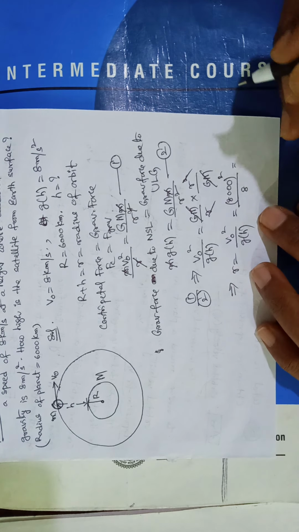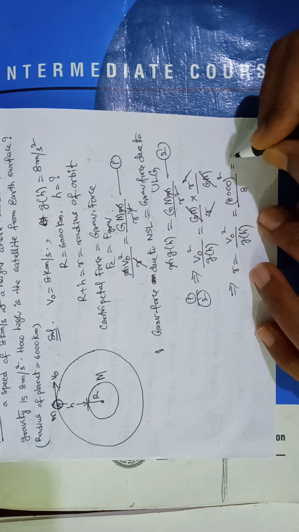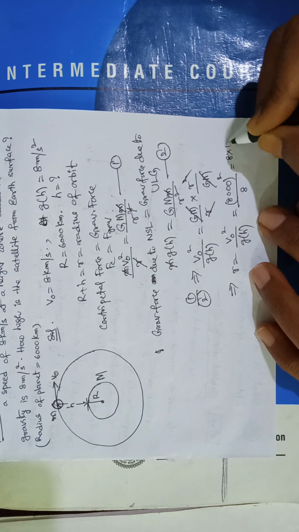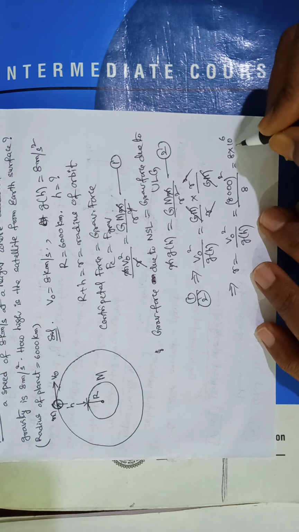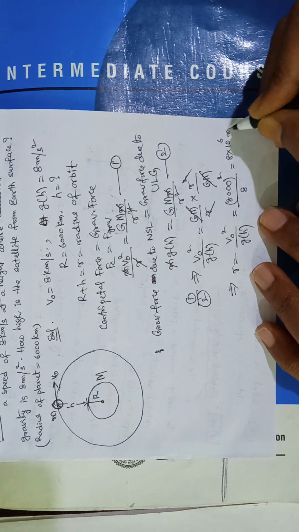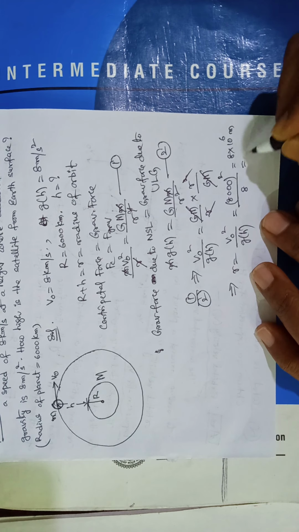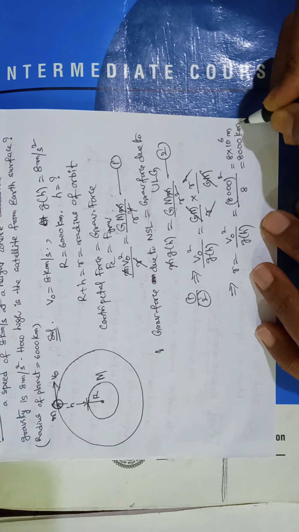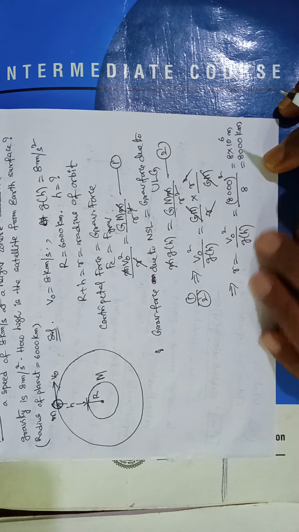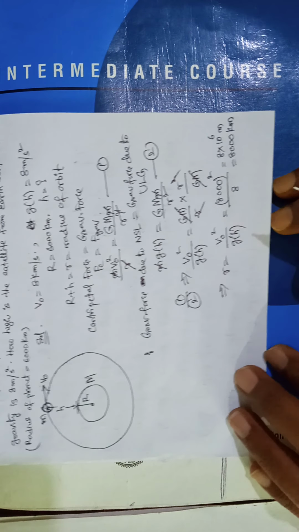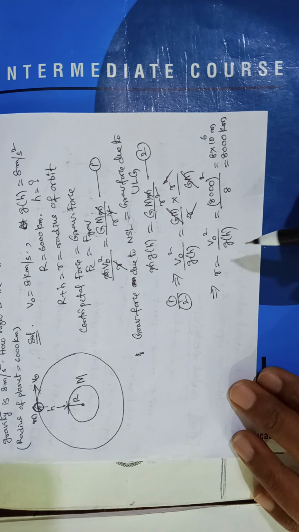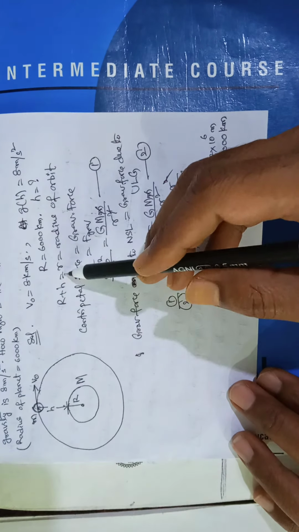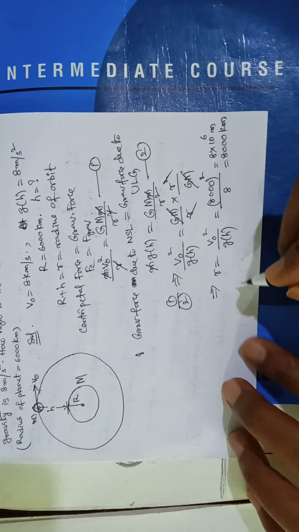Here we get 8 into 10 power 6 meter, or 8,000 kilometer. Now, this orbit radius is nothing but the sum of capital R and h.